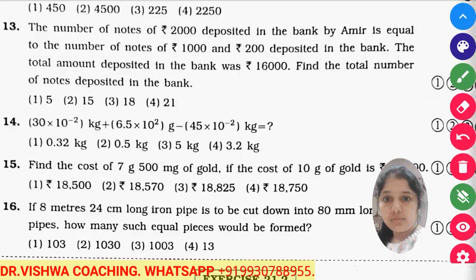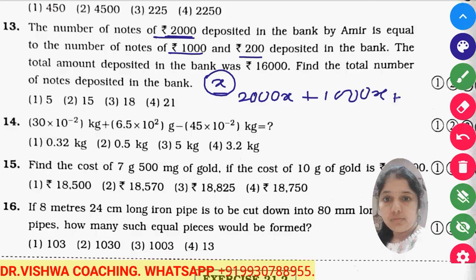Now see, the number of notes deposited in all denominations like 2,000, 1,000, 200 are in equal number. So we will assume that number as x. So 2,000x plus 1,000x plus 200x is equal to 16,000.